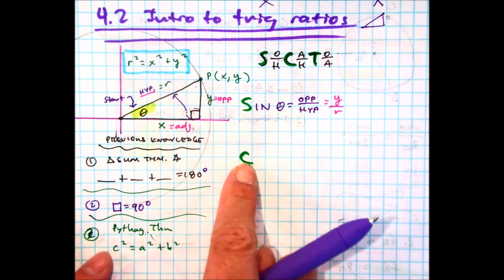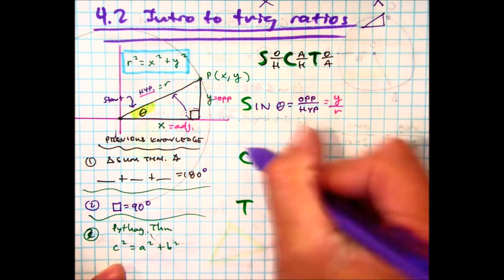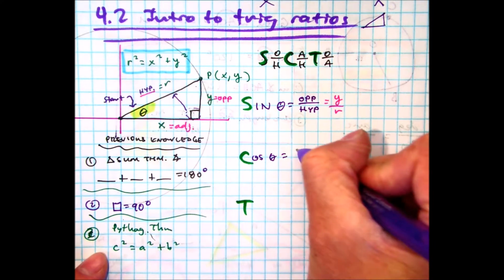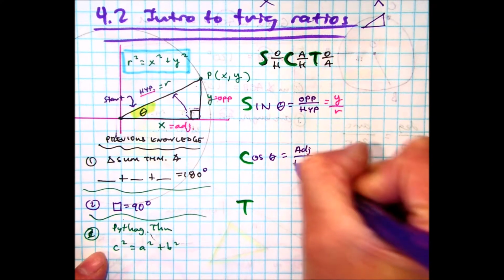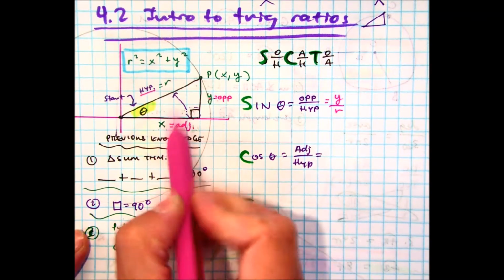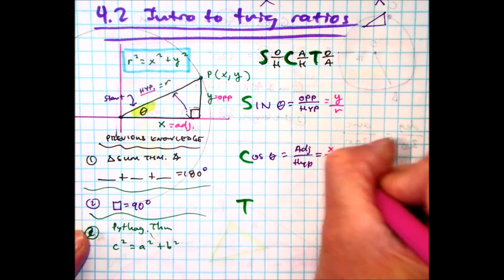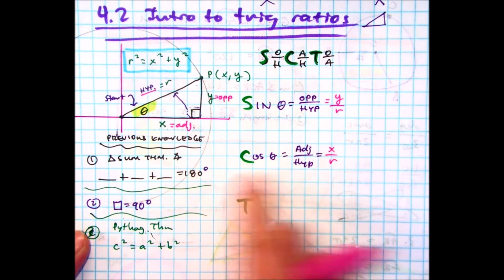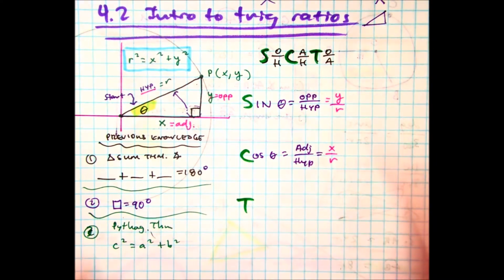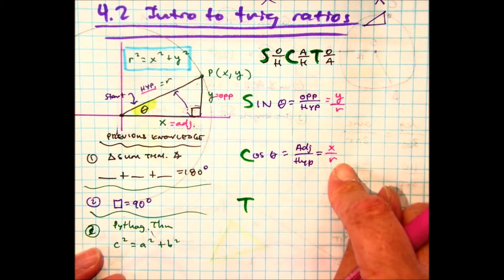Class, what does the C stand for? Cosine. Cosine of theta is which two sides? Adjacent over the hypotenuse. And which two letters is that, class? X over r. So here in purple is old information you may have learned in your geometry class. And the pink is kind of the new information here.